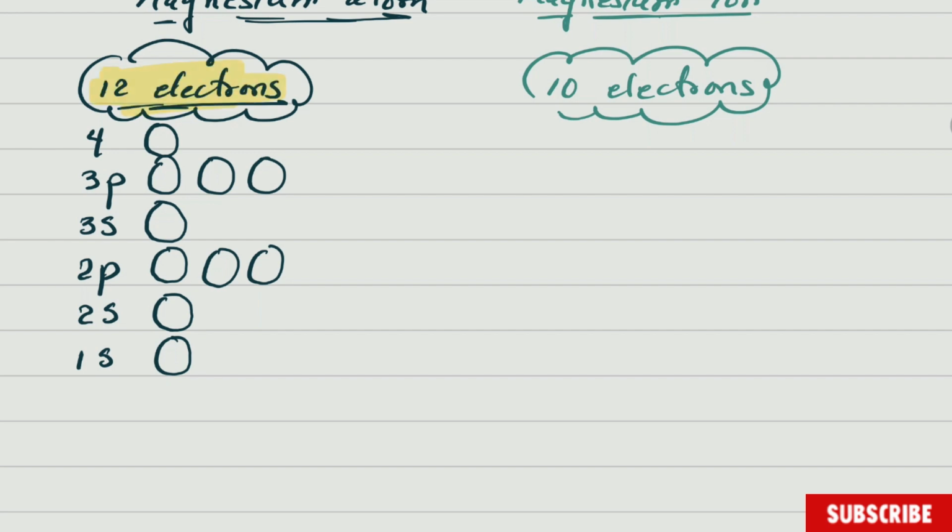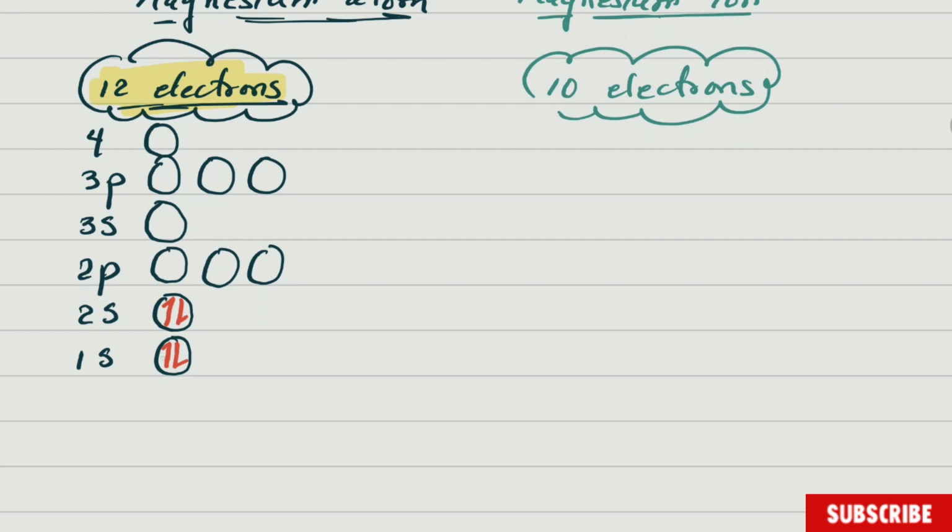Alright, so how does it work? You always start with the 1s and you place the electrons using half arrows, one facing up and one facing down. There are 2 electrons, so it's 1, 2, 3 and 4. Now when you go to the p orbitals, you make sure you place 1 electron in each orbital before you go to the 3s.